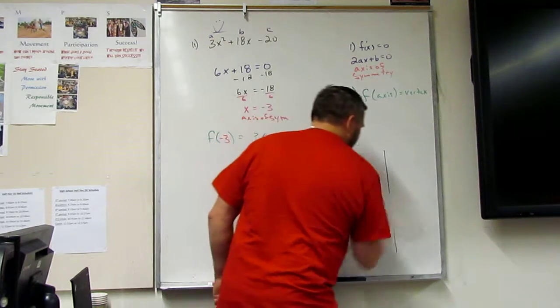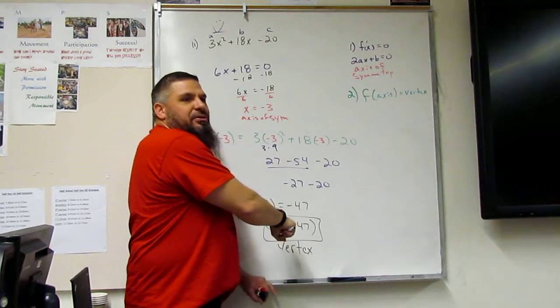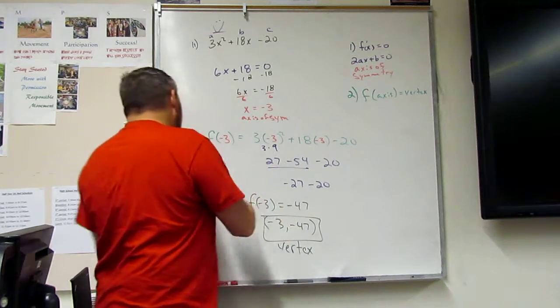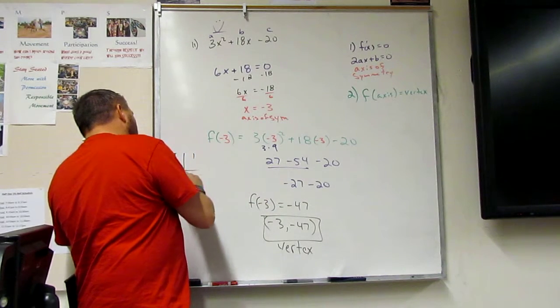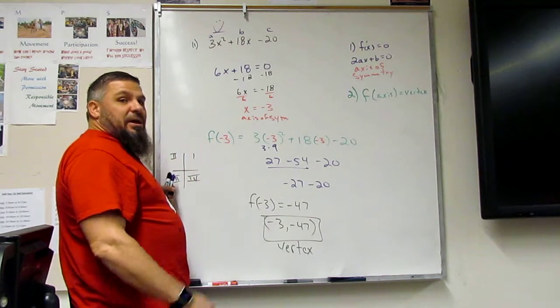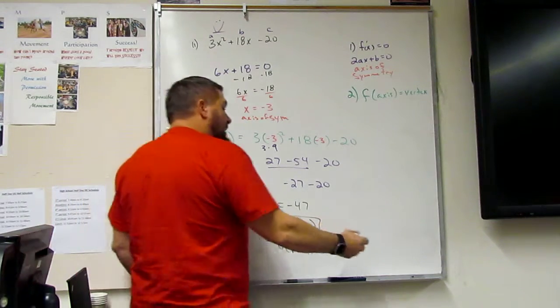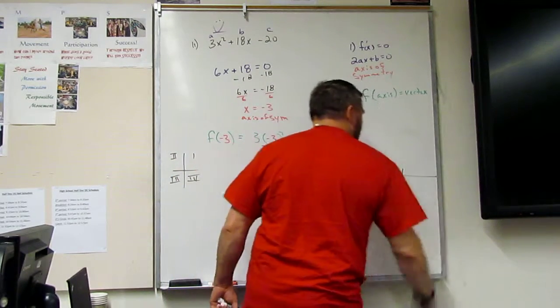I'm going to change this graph a little bit. For one, I know that this is in the third quadrant. Remember quadrants: 1, 2, 3, and 4. And a negative negative is in the third quadrant, right? So I can graph this kind of like this.